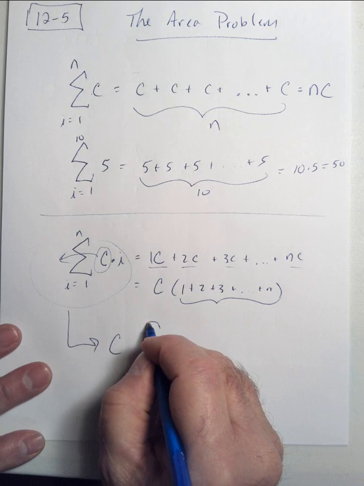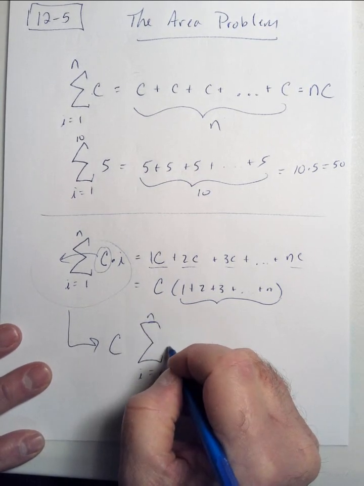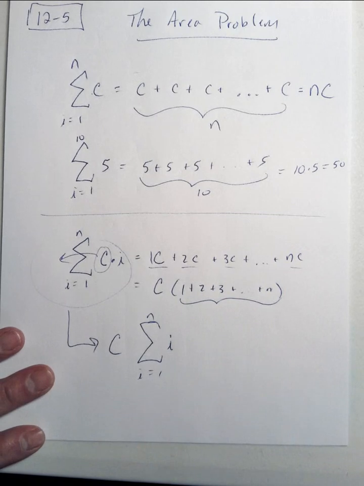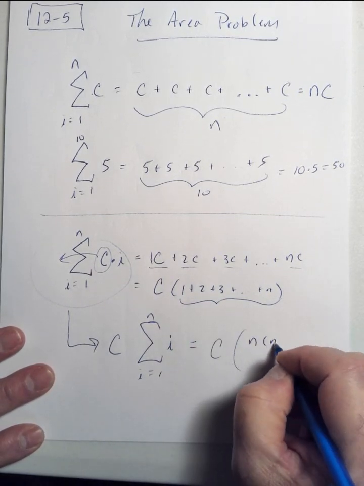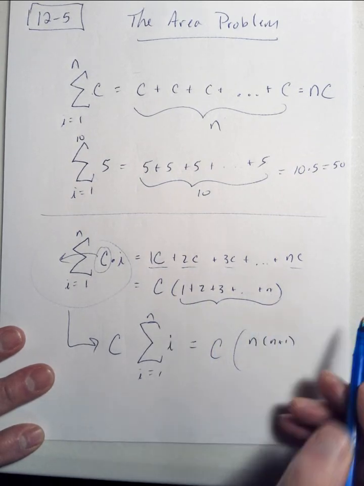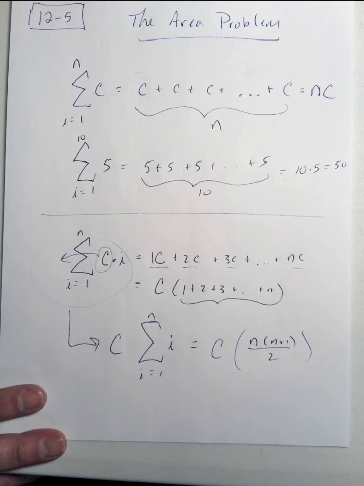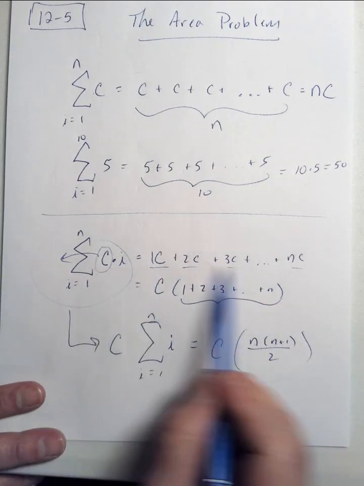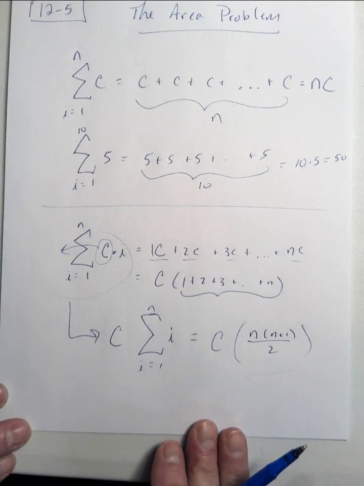So really we're looking at the sum of the integers from 1 to n, which we know is n plus 1, again first plus last, over 2. That's just Gauss's formula. And this is how we can evaluate the summation by taking out the constants.